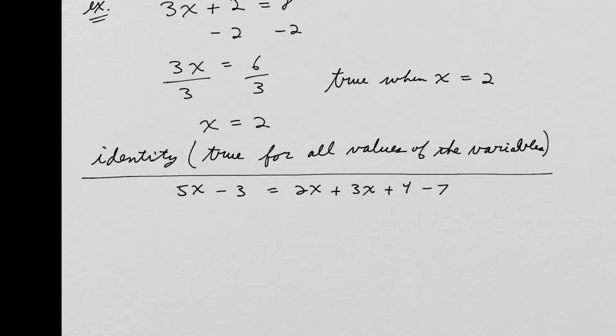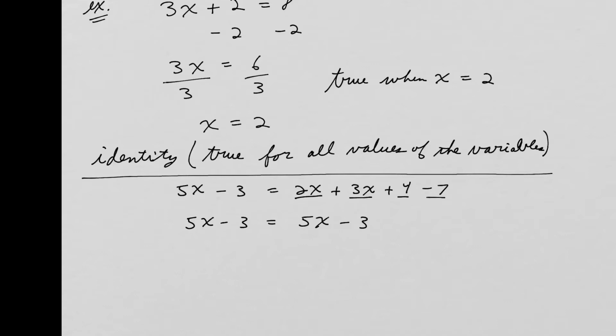And if I try to solve this, again, I'm going to review all these techniques, but you may remember a bunch of these. Left-hand side, I can't really do much. The right-hand side, I can combine like terms. I have 2x and 3x, they're like terms. So 2 plus 3 is 5, so this is going to be 5x. And then the constants are also like terms. 4 minus 7 is going to be negative 3.